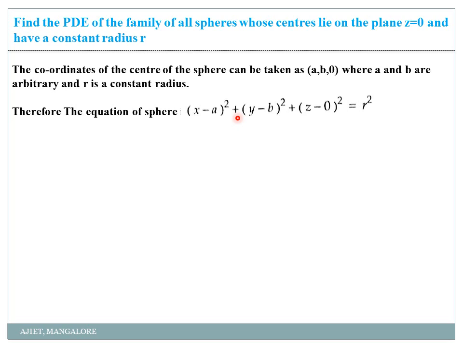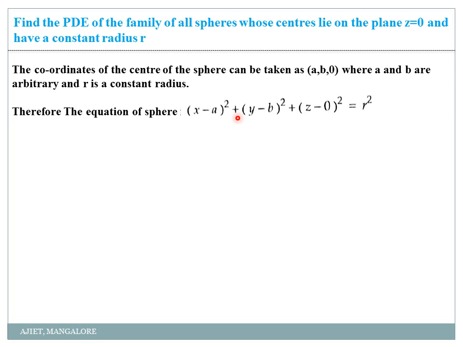See, equation of circle is what? X square plus y square equal to r square, provided the center is 0 comma 0, right? What is the equation of sphere then? When circle is only x and y axis, sphere means it should be x, y and z axis, correct? Ball. So it will be x square plus y square plus z square is equal to r square. That is the equation of sphere.